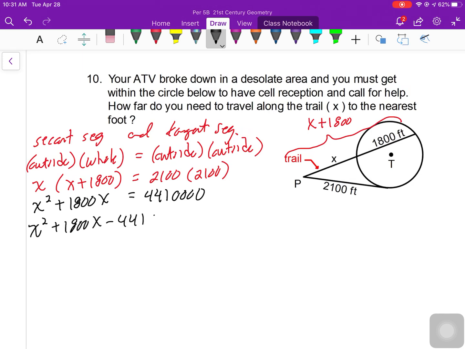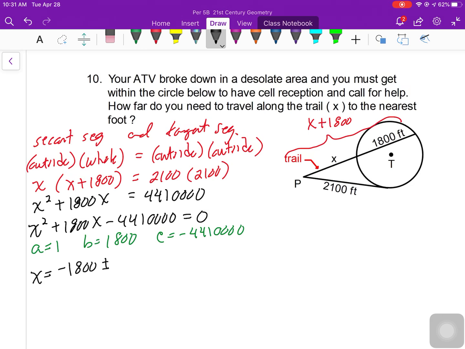We have to get 0 on one side. And I wouldn't even bother trying to factor something with numbers this large. So we're going to use the quadratic formula. The A is 1, the B is 1800, and the C is negative 441 with 4 zeros.